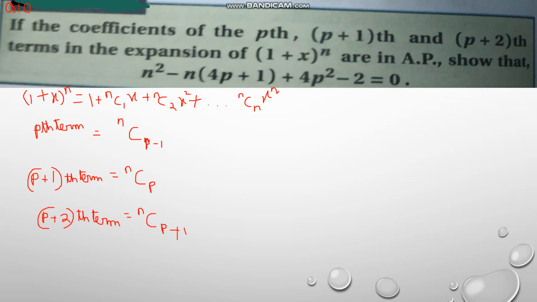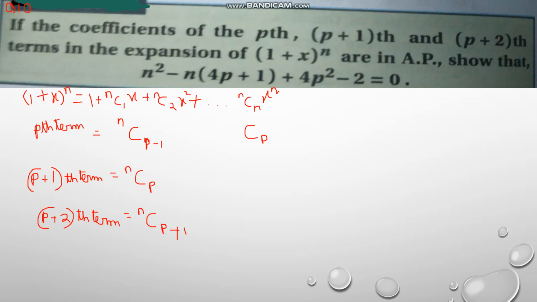Now let's write the statement of AP here. No need to write it that way; it will be simpler in another way. The common difference will be equal. This is the statement of AP.